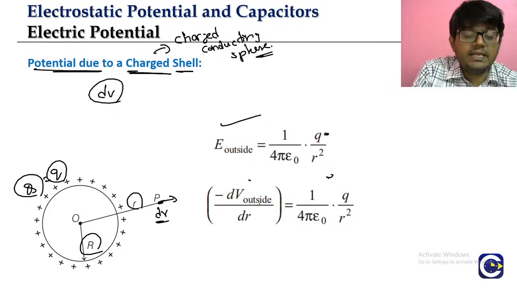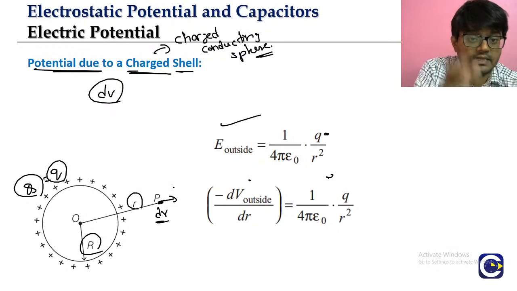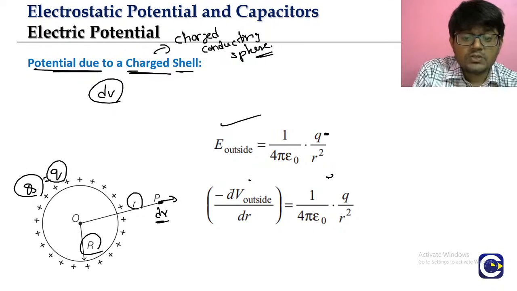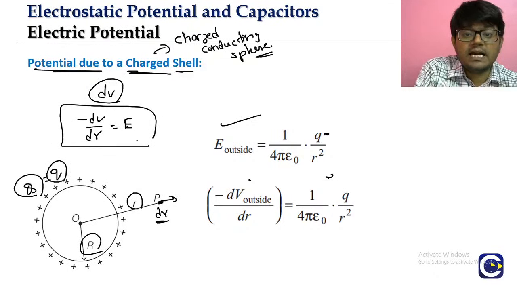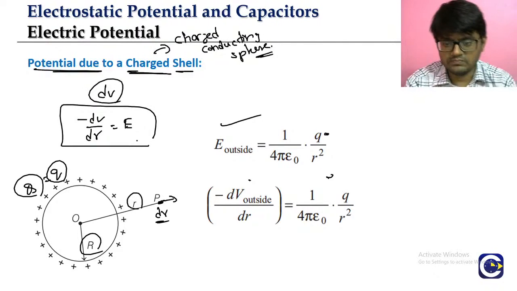We are saying this outside because we are calculating the potential outside the spherical shell. When you move a small distance dr in the direction of the electric field, the relation between the change in potential and the electric field is minus dV by dr equals the electric field value.